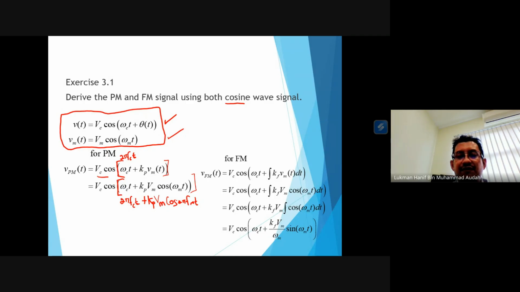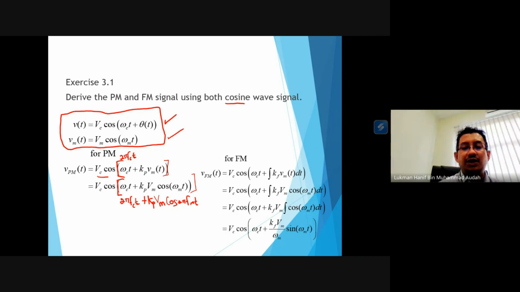To produce the FM signal equation, from the general equation Vc cos(omega c t plus theta t), theta t is equal to the integral of theta prime t dt.